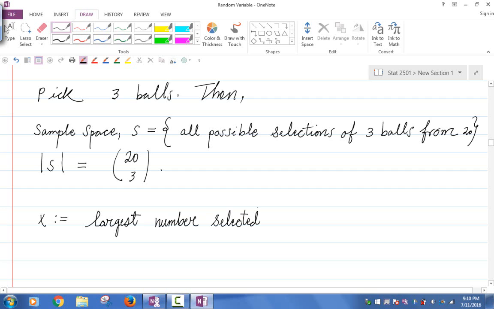So what I'm saying is we are picking 3 numbers, because we are picking 3 balls, and X denotes the largest number that we picked.